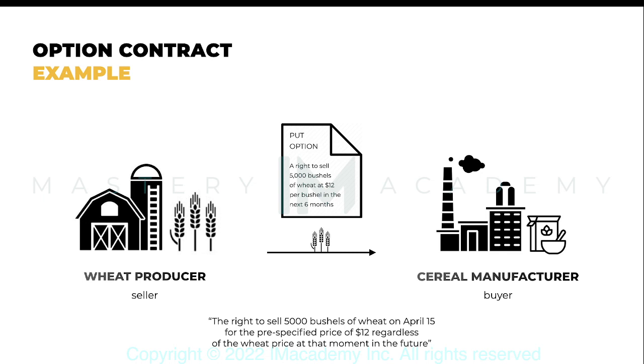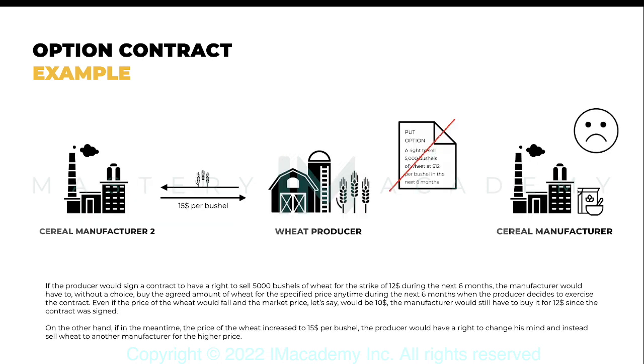On the other hand, if in the meantime the price of wheat increases to $15 per bushel, the producer would have a right to change his mind, and instead of selling wheat to the original cereal manufacturer, they can find another manufacturer and sell the wheat to them, all for the higher price.